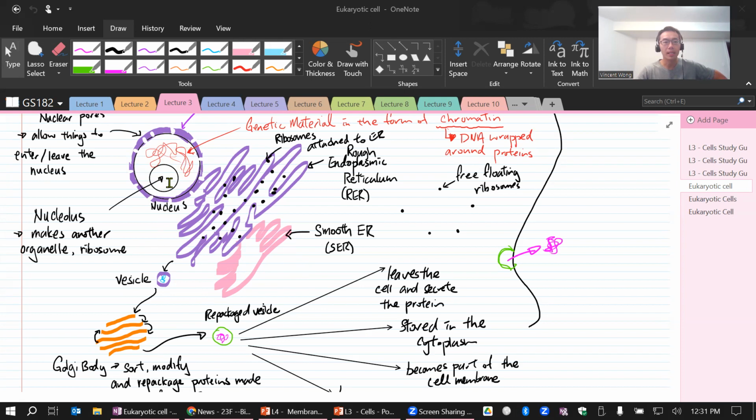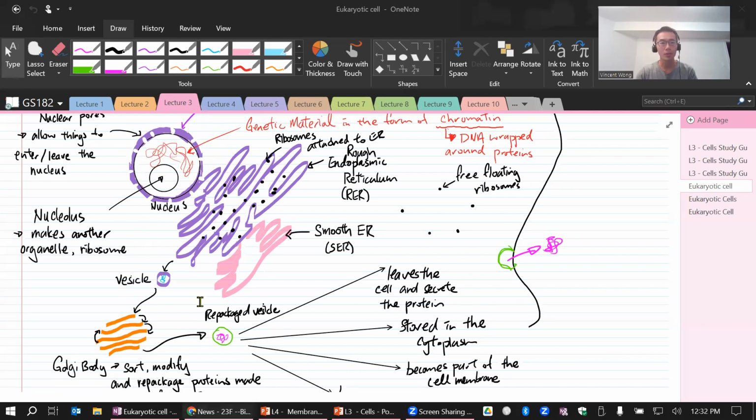So once you make the ribosomes, they will exit through the nuclear pore, and some will be freely floating in the cytoplasm. Others will be attached to the rough ER. So the ribosome and the rough ER work together to produce proteins, which are then packaged into vesicles.